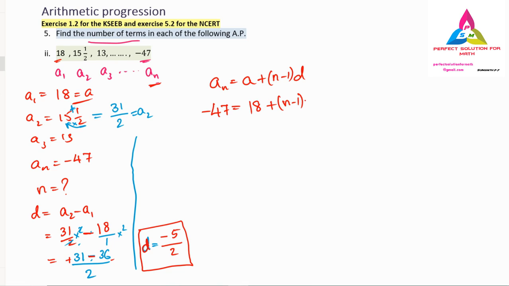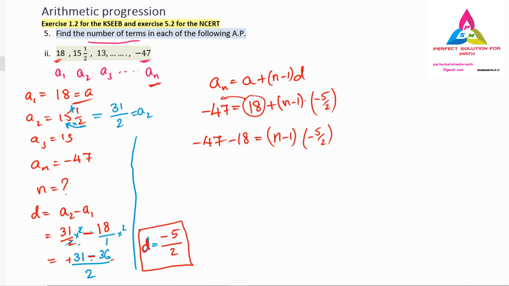The d value is what? Minus 5 by 2. So we have to write it in a bracket whenever the minus comes. This minus 47 we have to write as it is. This 18 that we have, we have to shift. It will become minus 18. That is equal to n minus 1 remains as it is. This minus 5 by 2 remains as it is.